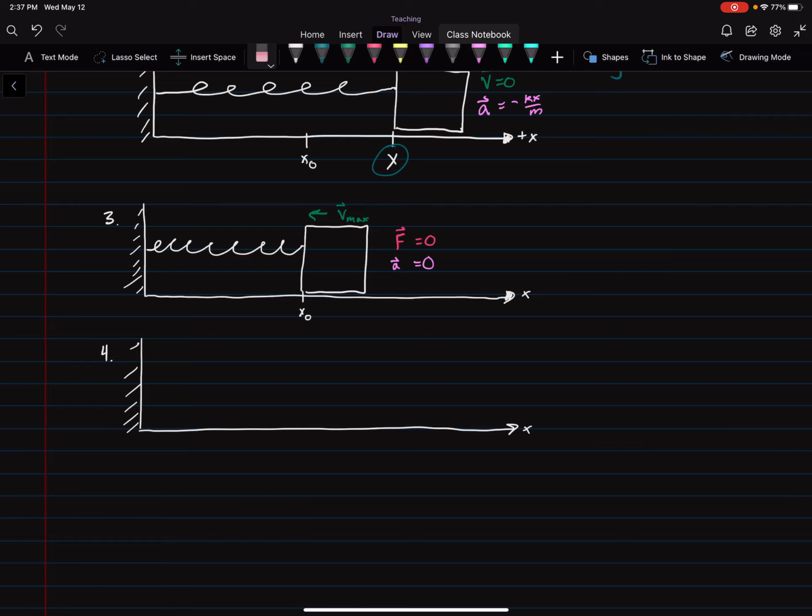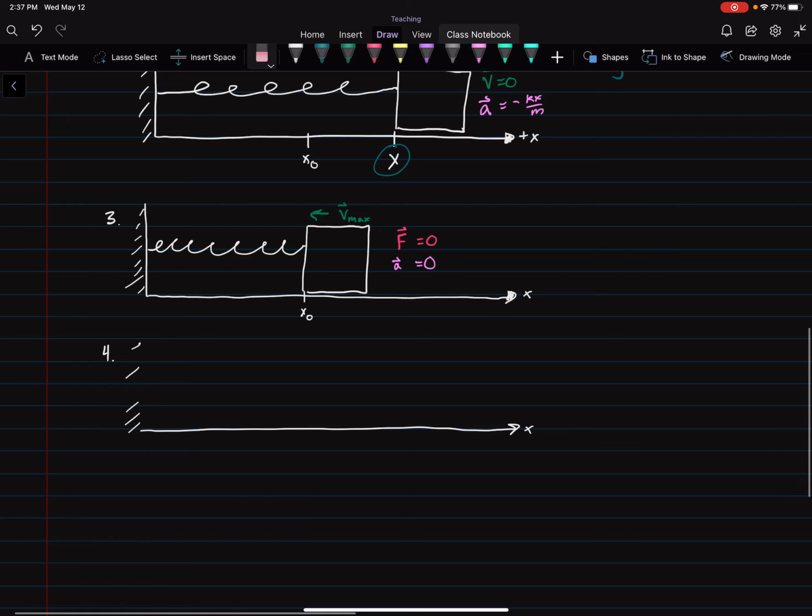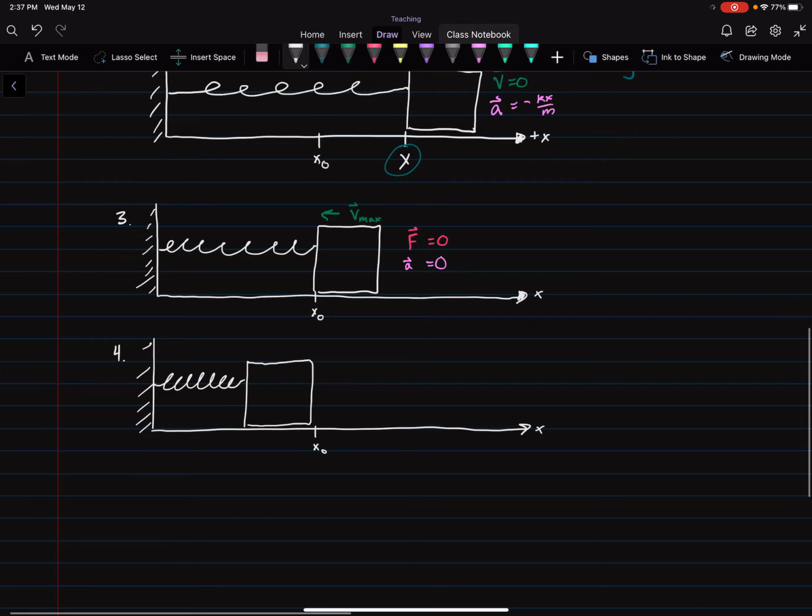So now the block, this spring, is more compressed than it started. There we go. And it's, let's say, right about here. So if x naught is still here, then this would maybe be like negative x, right?